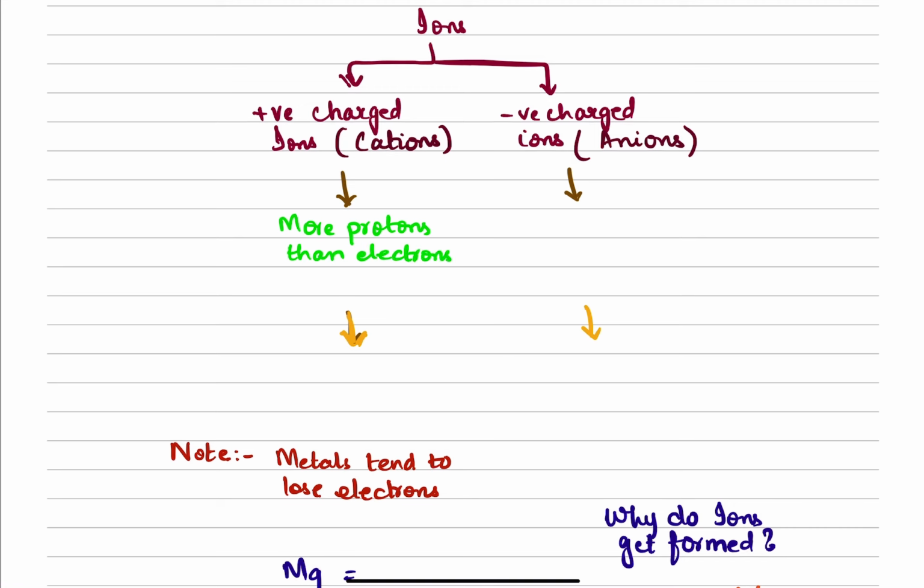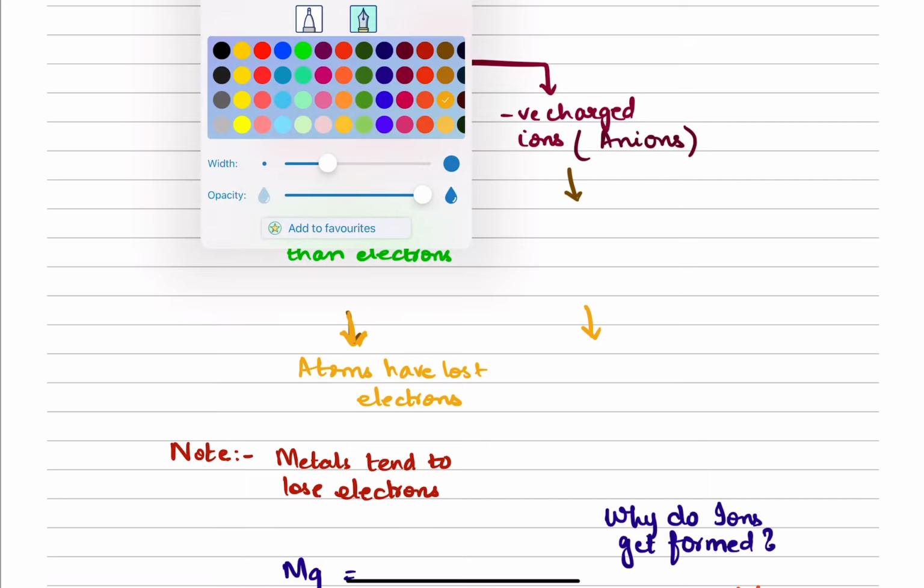And why do cations have more protons than electrons? Because atoms have lost electrons. When atoms lose electrons, there are more protons than electrons, and hence it's called a cation or a positively charged ion.